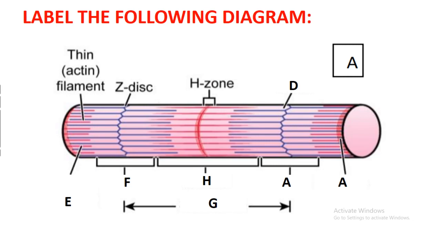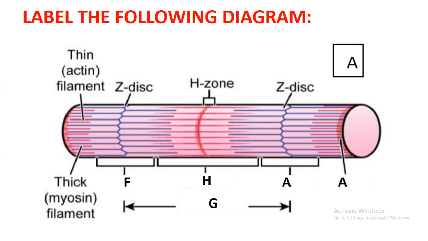When you talk of H, it is just the H zone which is within the A band, and the H zone normally has an M line. When you talk of D, it is simply the same thing, the Z disc or the Z line.